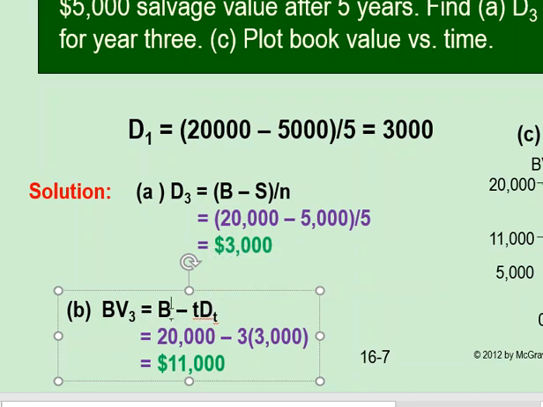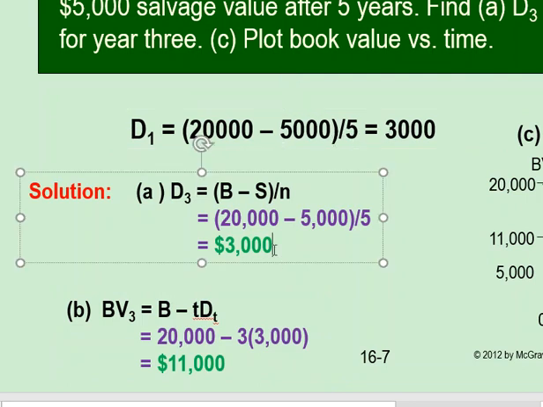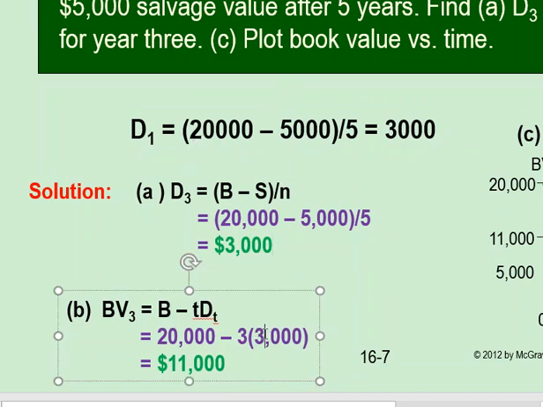Yes, because this is always constant. Let's say this is $20,000. Always this is 3,000, because it is constant. You see it here? D1 is always 3,000, D3 is 3,000, D2 will be 3,000. So give me the slope value, which is the depreciation, and I can get you the book value.